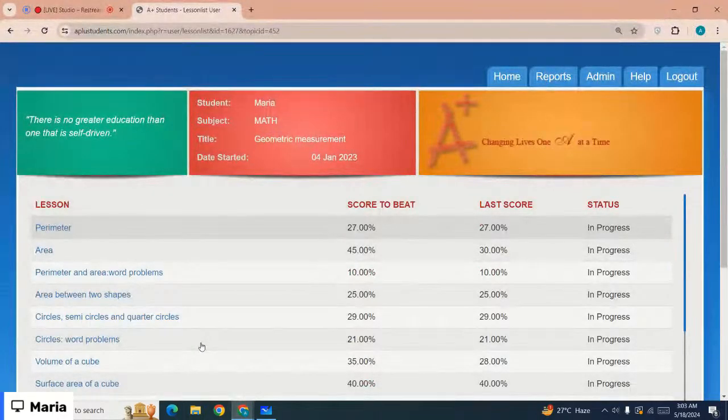So here I am on grade 8 math. Let's just start with the first lesson, that is perimeter.